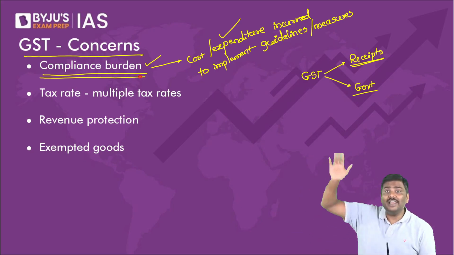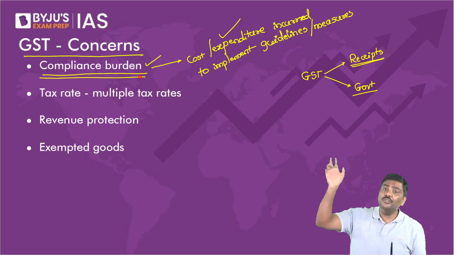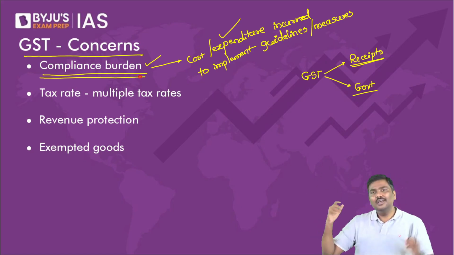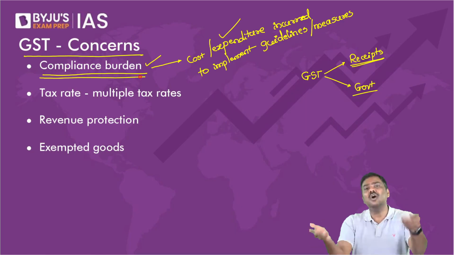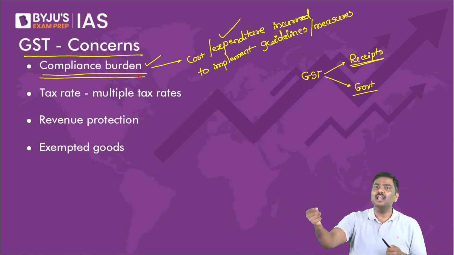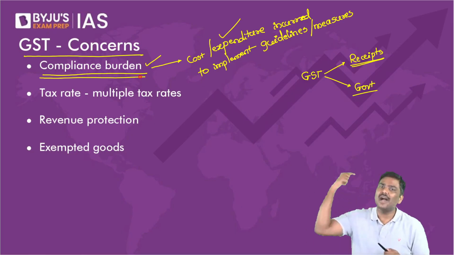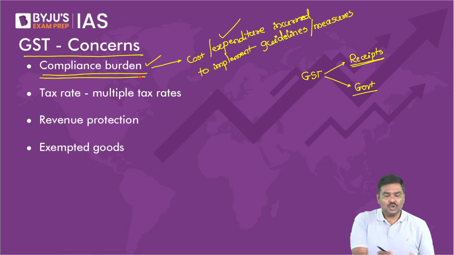Suddenly, a new filing process has been introduced. Suddenly, a new format has been introduced. You do not have the expertise, the time or the knowledge to understand everything. You will take outside help, you will outsource it, you will hire an expert, which will mean that you will have to spend money. So, compliance burden is one issue.